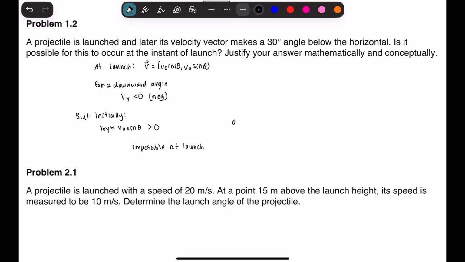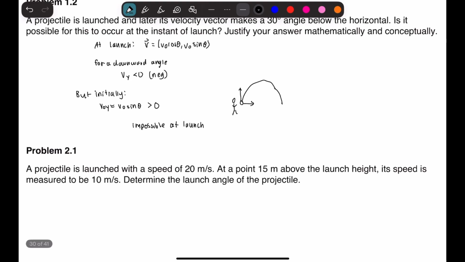So think we just have our guy here. He's throwing something. At this point, it has both a vertical and a horizontal component, and it cannot be both positive and negative at once.